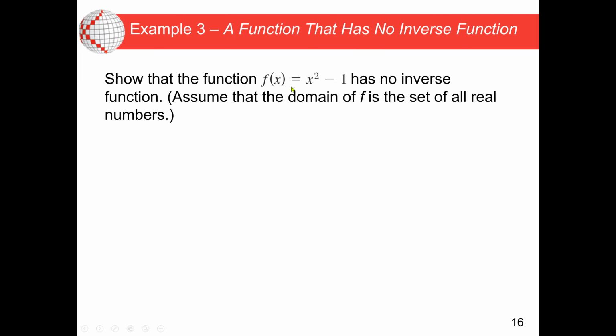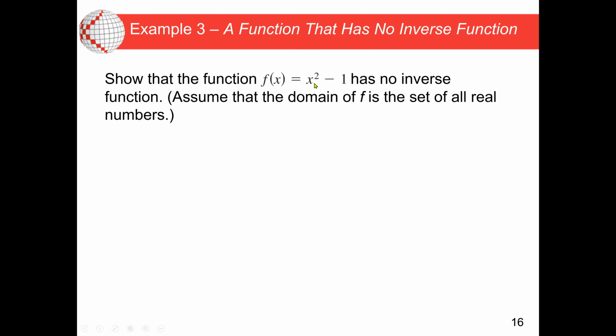We have a function f at x equal to x squared minus 1. They say we should show that this has no inverse function. Another way of showing this is to find the inverse function of it. So here the question says show that the function f at x equal to x squared minus 1 has no inverse function.